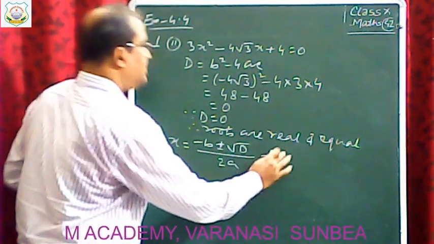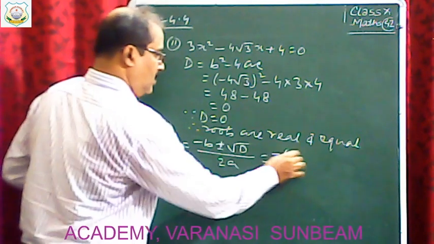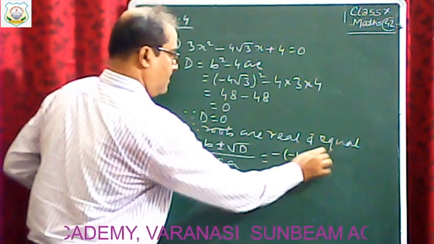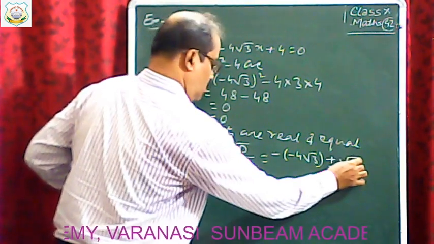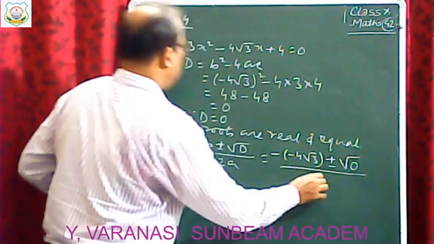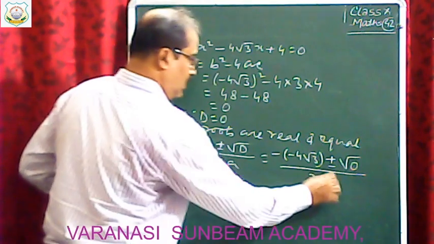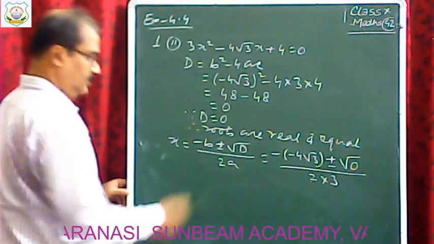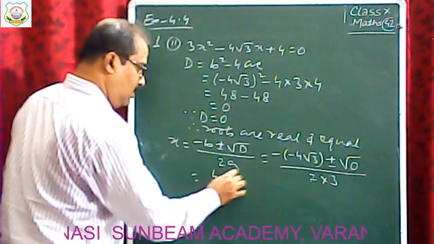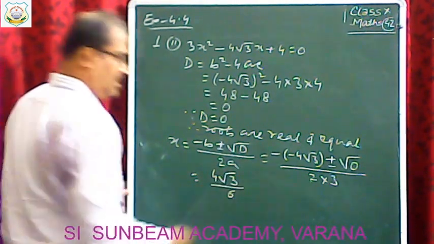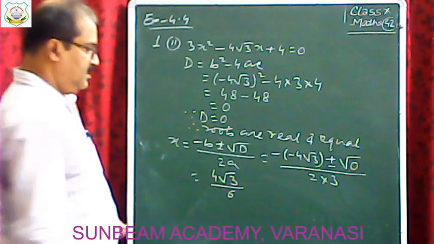Minus b is what? Minus minus 4 root 3 plus minus square root 0 whole upon 2 into a, which is 3. Okay, so plus 4 root 3 upon 6 plus minus 0.